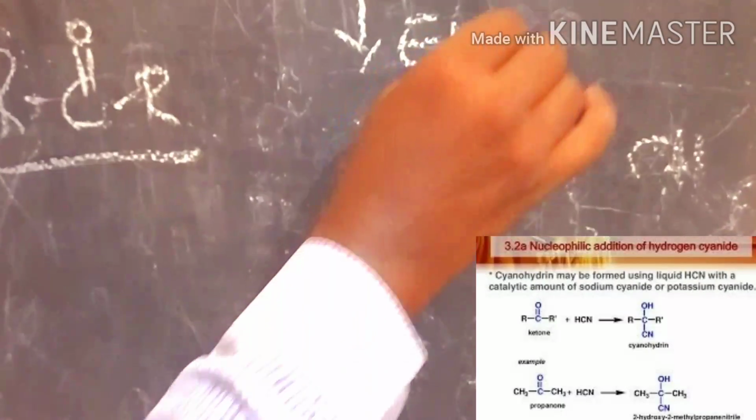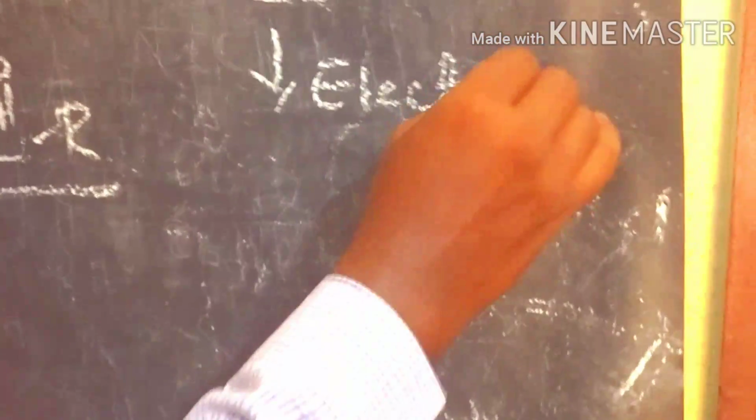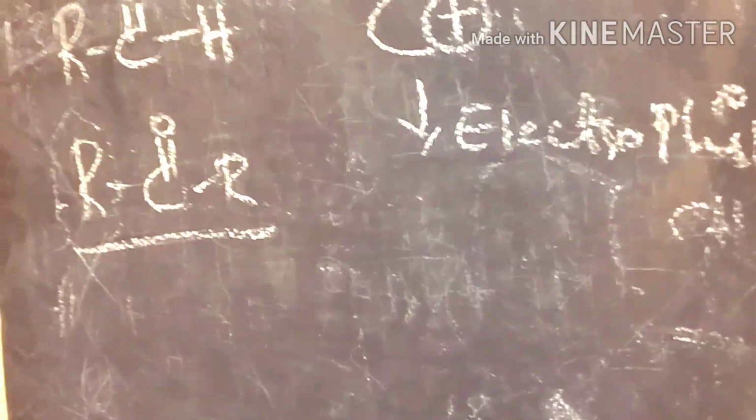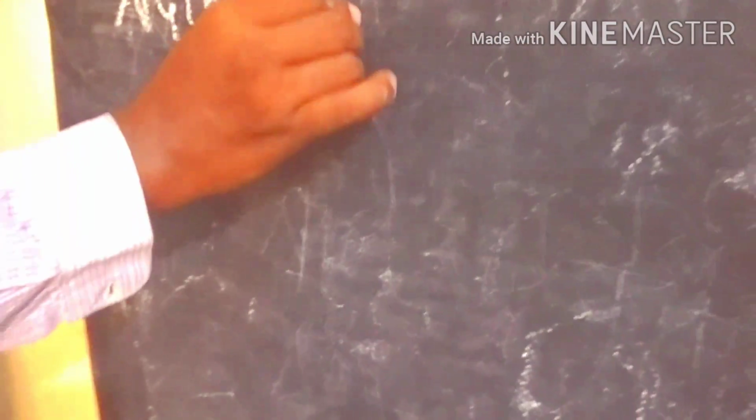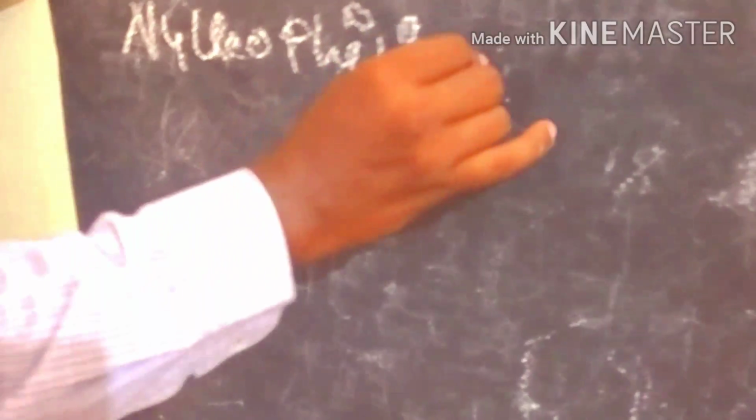That's why it is easily involved in nucleophilic reactions. So most of the carbonyl compounds are involved in nucleophilic addition reactions, that means the nucleophile starts the addition reaction.